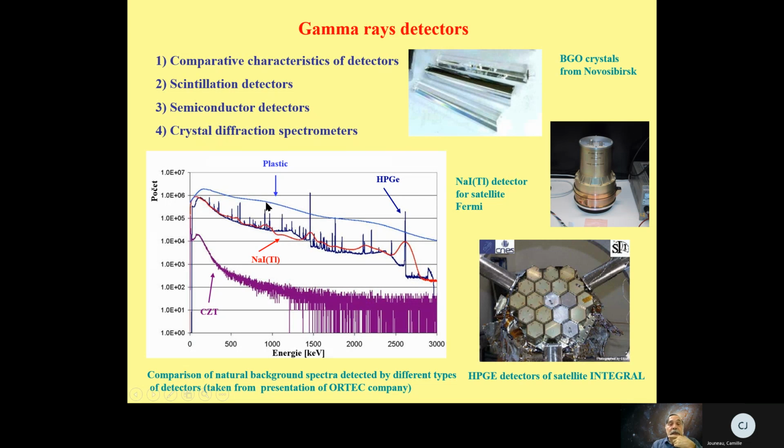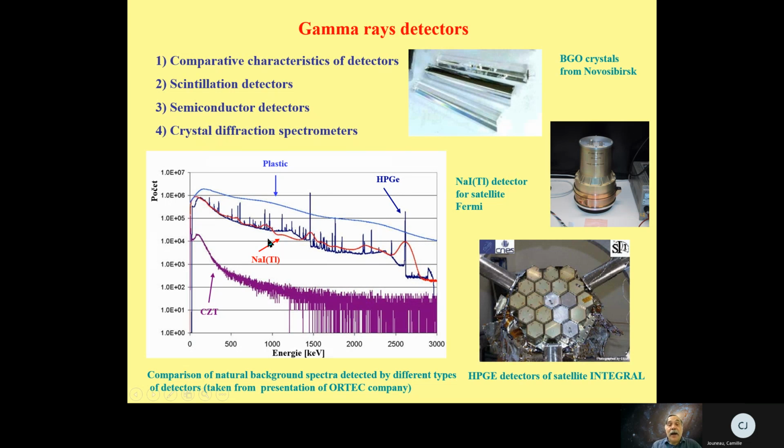It is possible to see that for the detection of gamma, plastic scintillators are not fine and are not possible to use, because there is a very small probability of photo effect, and for this reason the resolution and efficiency of plastic for gammas are very, very bad.